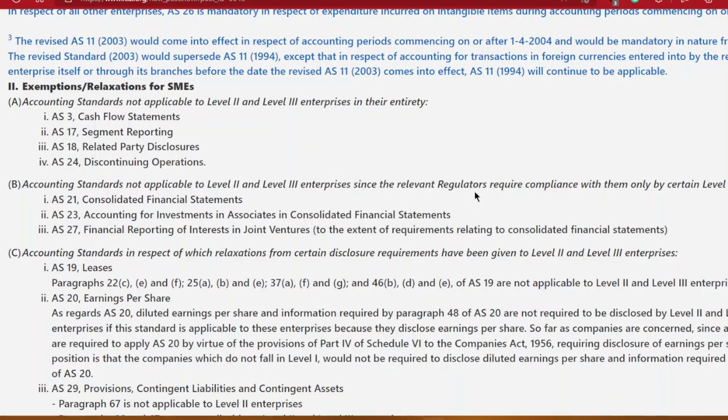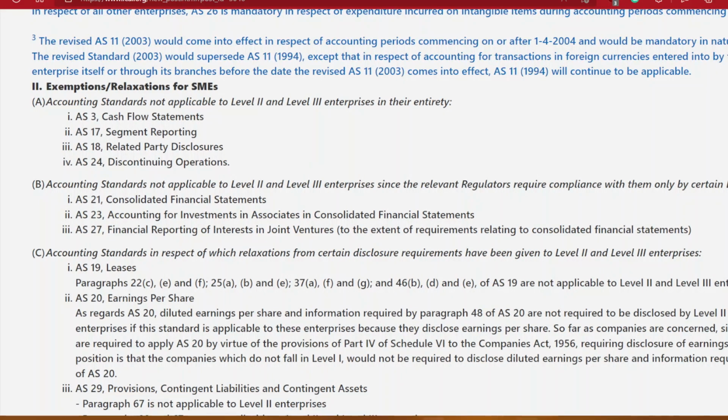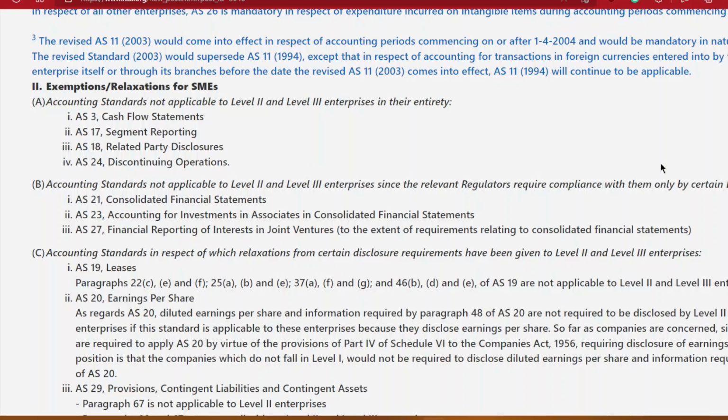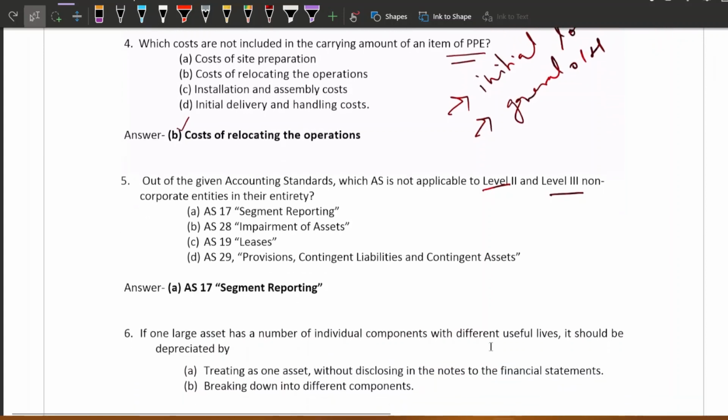If you see here, accounting standards not applicable to level 2 and level 3 include cash flow statements, segment reporting, related party disclosures and discontinuing operations. So we were discussing the fifth question, in which, in the exemptions and relaxations for SMEs, the accounting standards not applicable to level 2 and level 3 enterprises are cash flow, segment reporting, related party disclosures and discontinuing operations. Next question.